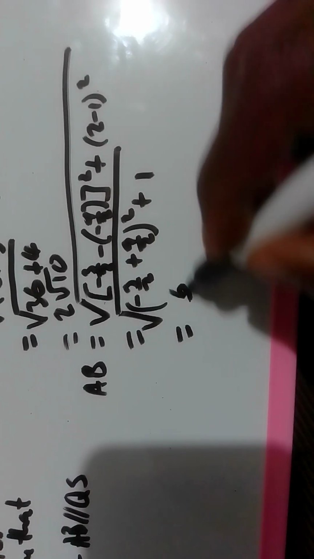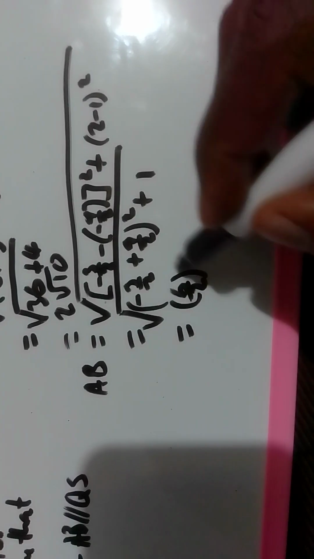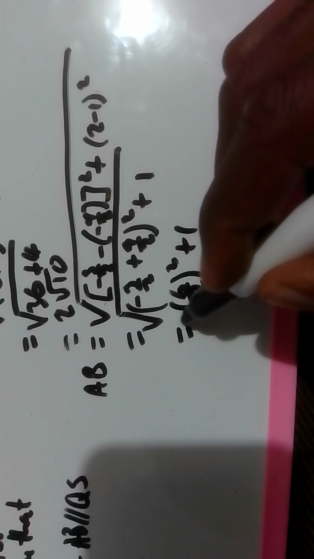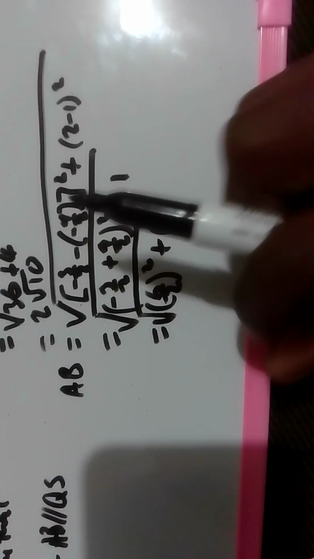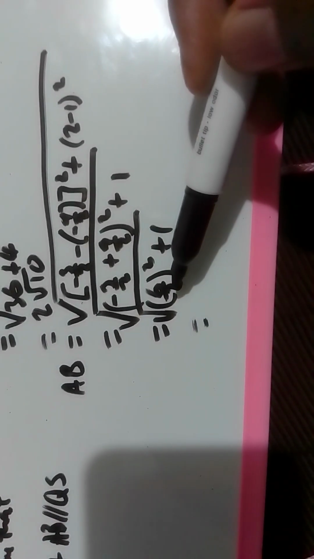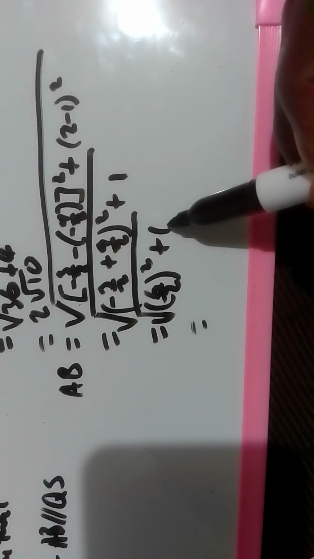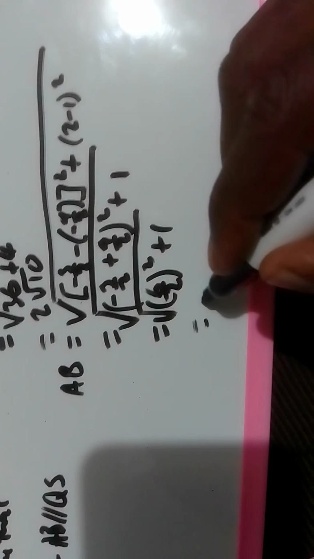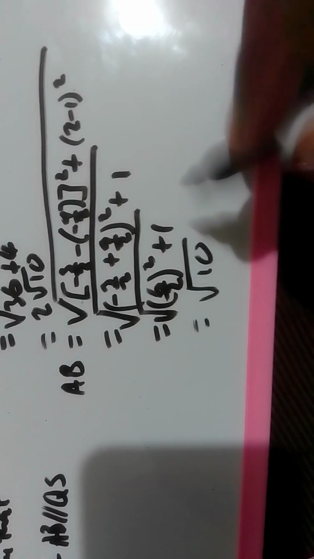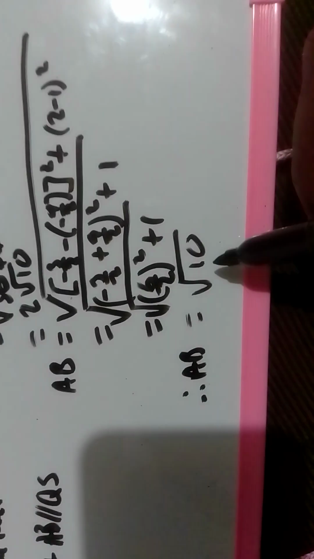So I've got 6 over 2 squared plus 1. It's still under a square root. Now observe here, 6 divided by 2 gives us 3, and 3 squared gives us 9, and 9 plus 1 is equal to 10. So I've got square root of 10. Now I say therefore AB is equal to square root of 10.